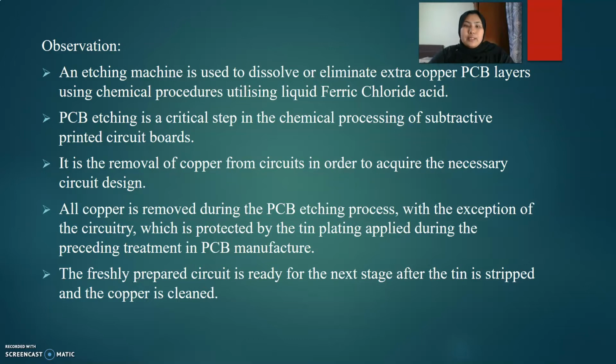Fourth, all copper is removed during the PCB etching process with the exception of the circuitry, which is protected by the thin plating applied during the preceding treatment in PCB manufacture. And the last one is that the freshly prepared circuit is ready for the next stage after the tin is stripped and the copper is clean.